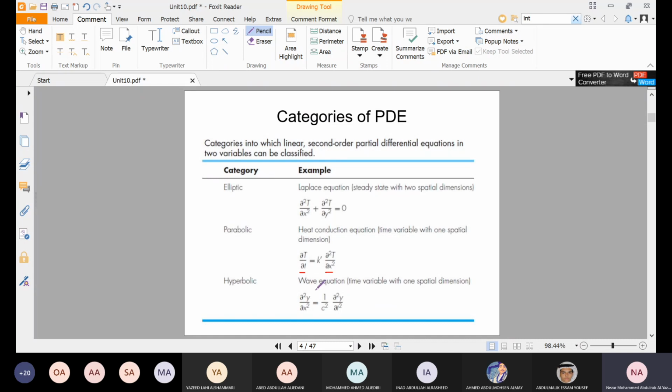And the hyperbolic type is the wave equation, usually used to study microwave signals. Here we have a second derivative with respect to space and a second derivative with respect to time. So this is the difference between the three types of equations.